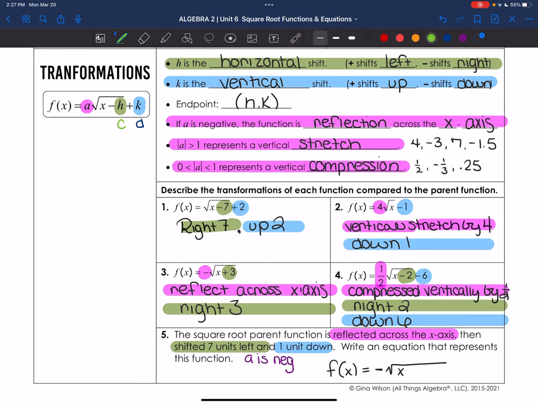I need to be adding inside that 7. And then last of all, if I want it to move down, that's my k value that I will subtract here at the end. So this, ladies and gentlemen, represents our function equation. F of x equals negative square root of x plus 7 minus 1. That minus 1 is outside of our radical.